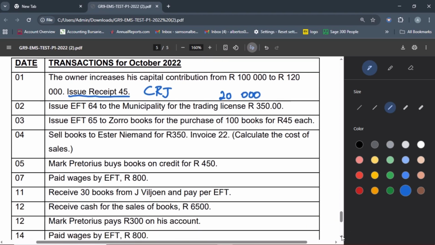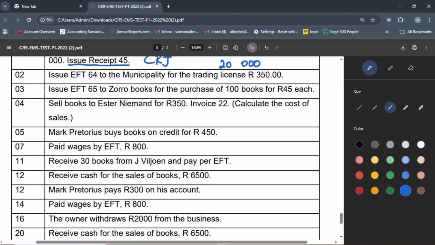Then on day 2, issue EFT number 64 to the municipality for the trading license, 350,000. So this one is giving us the EFT. And we know this represents the payments. We are transferring the money from our account to the municipality, and we are paying for a trading license. So this is CPJ.